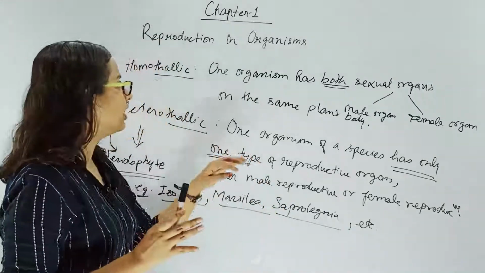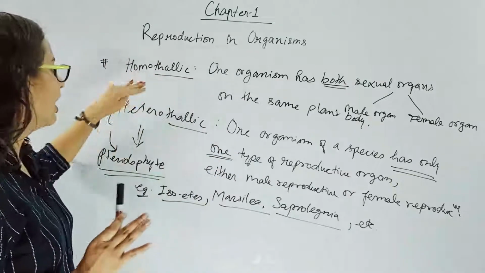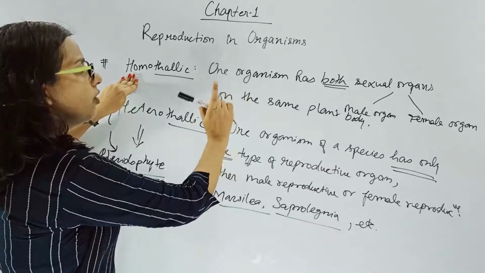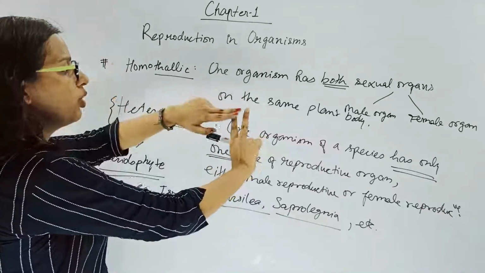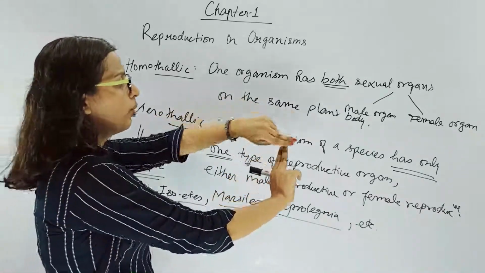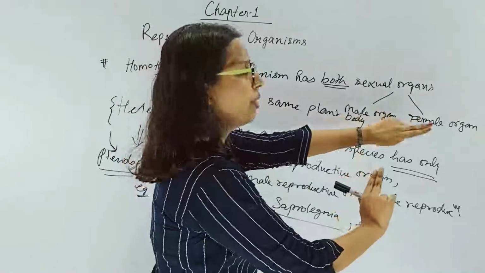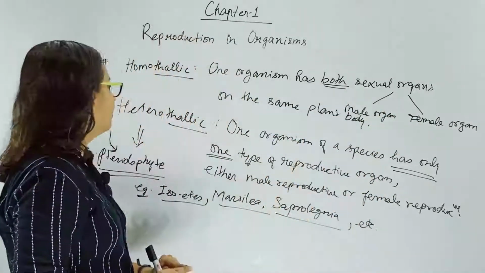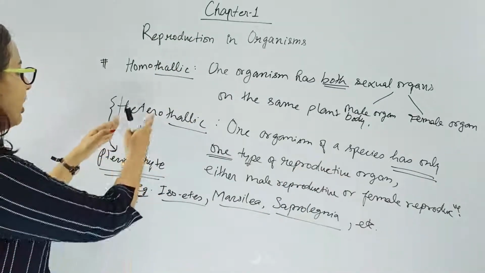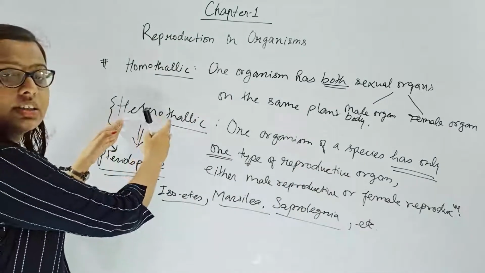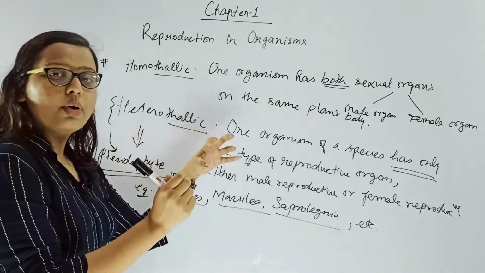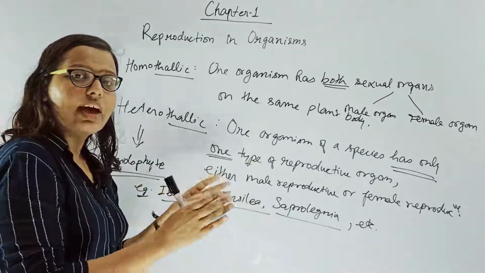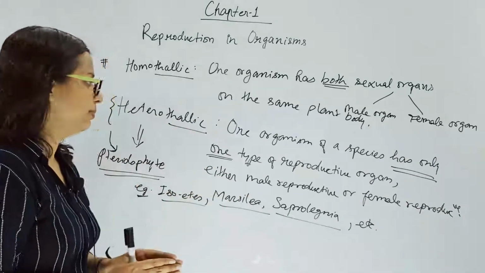Homo means same, hetero means different. Homo means one single organism has both sexes, the male organ and female organ on just one single plant body. Heterothallic means there are two different plant bodies. One plant body has one type of sexual organ, the second plant body has the second sexual organ.